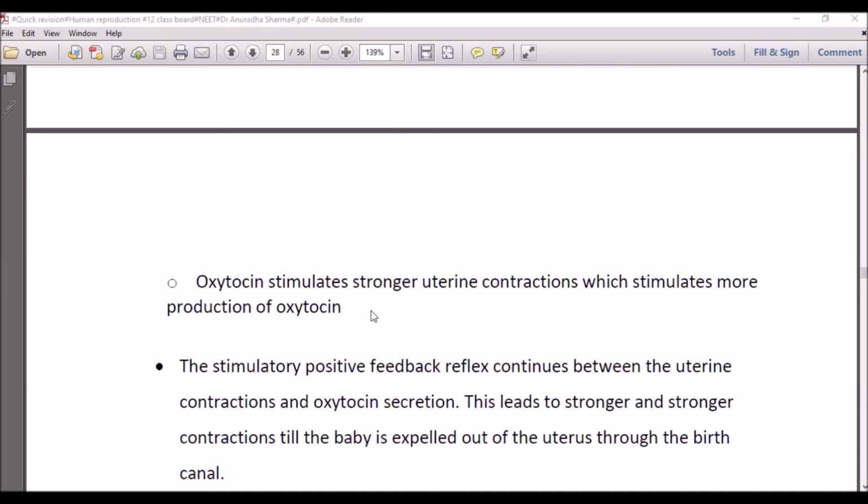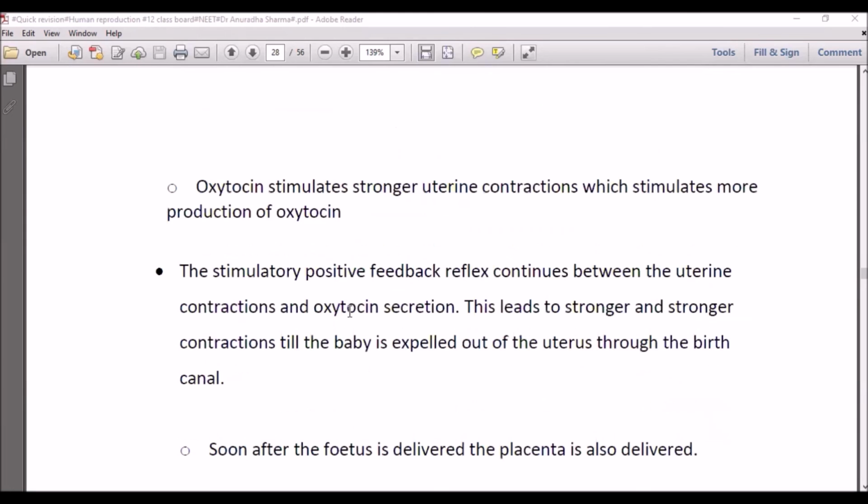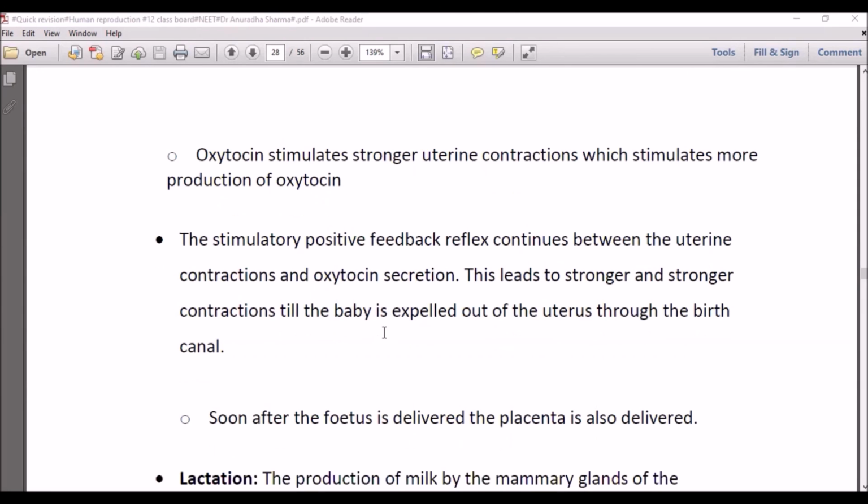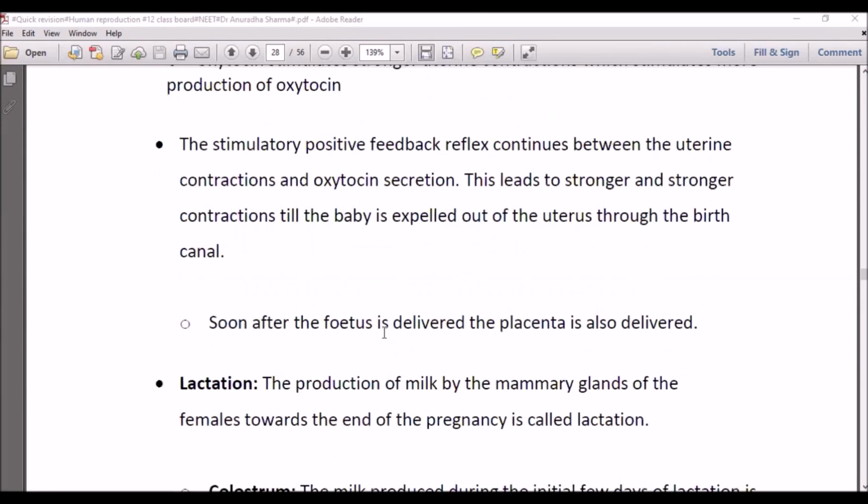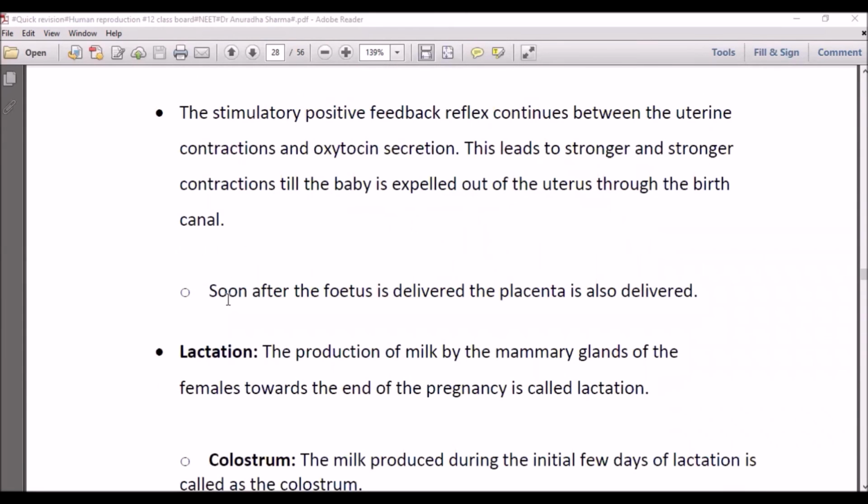So this oxytocin stimulates uterine contraction, which also helps in more production of oxytocin. And there is a feedback reflex, which causes contraction of the uterine wall till the baby is expelled out of the uterus. Soon the fetus is delivered along with the placenta.